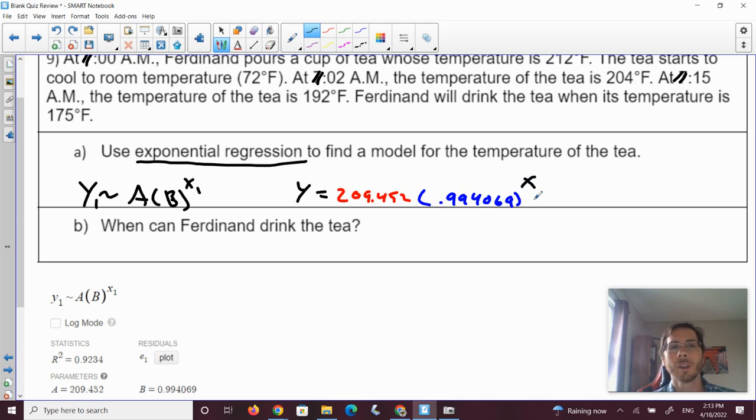So there we go. That's my exponential regression. I found the model for the temperature of the tea.